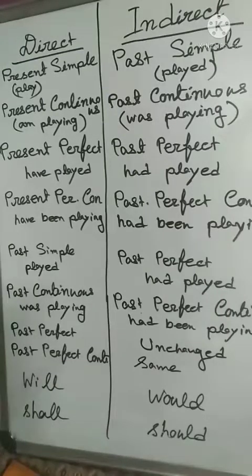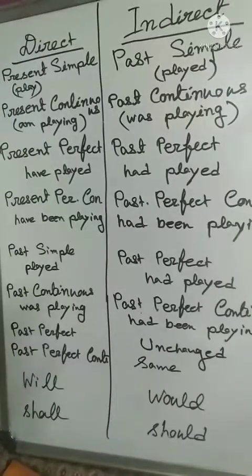There are two main ways of reporting the words of the speaker: the direct speech, which we have discussed just now, and the indirect speech. In direct speech, we use the words as they are. But in indirect speech, they will change.